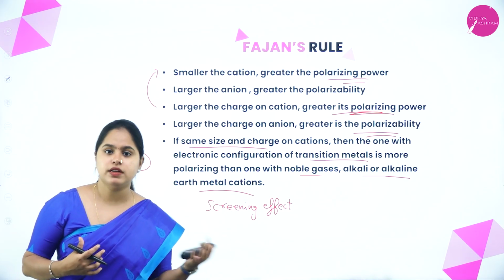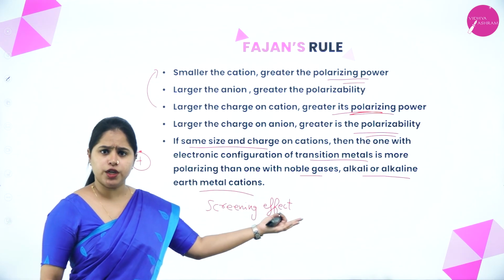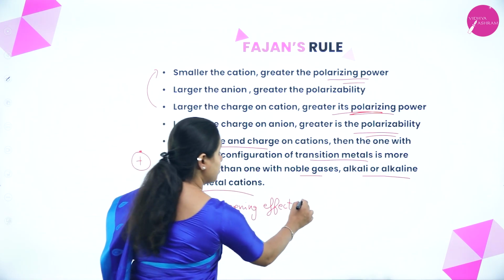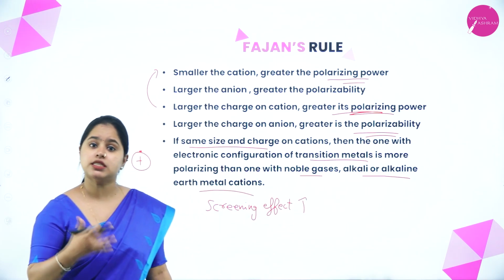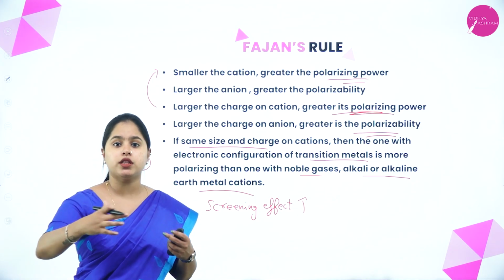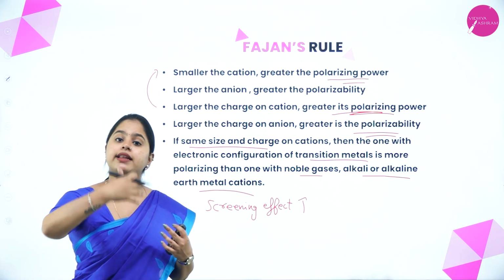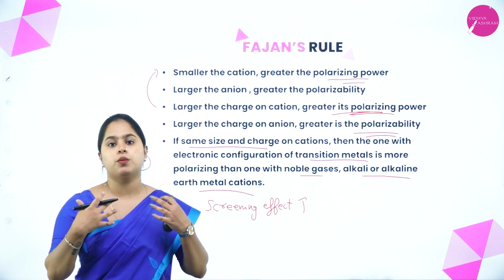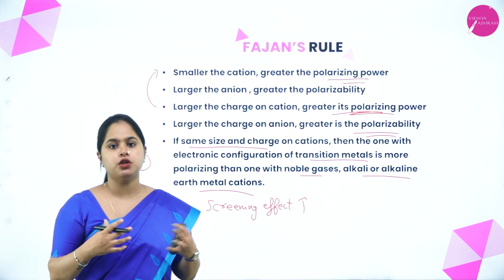The polarizing power increases. But coming to the case of S and P block elements, their screening effect is more. Screening effect is more means they are not allowing the nucleus to completely attract the outermost electrons. So the polarizing power of those cations will be less.